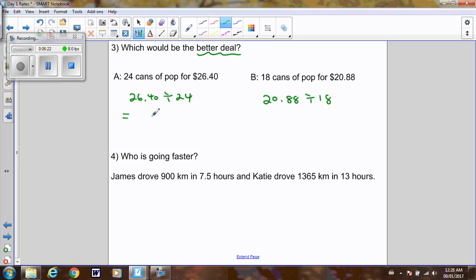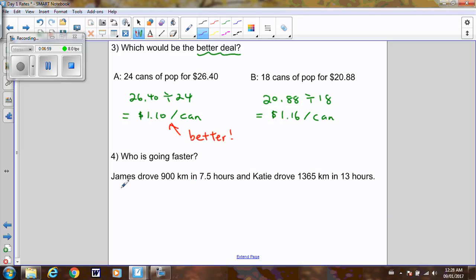If you do the math, you will find that this one costs $1.10 per can, and this one is $1.16 per can. Which one is the better deal? The better deal is definitely the cheaper one, because that's what we want to pay. We save money by paying $1.10 per can.